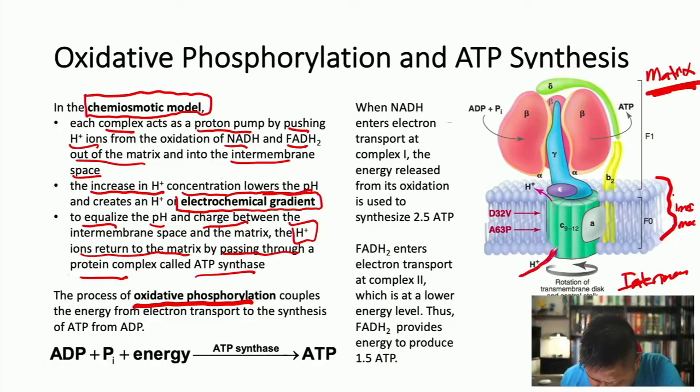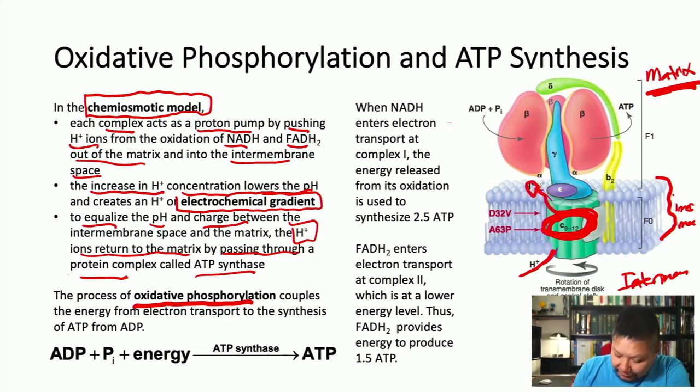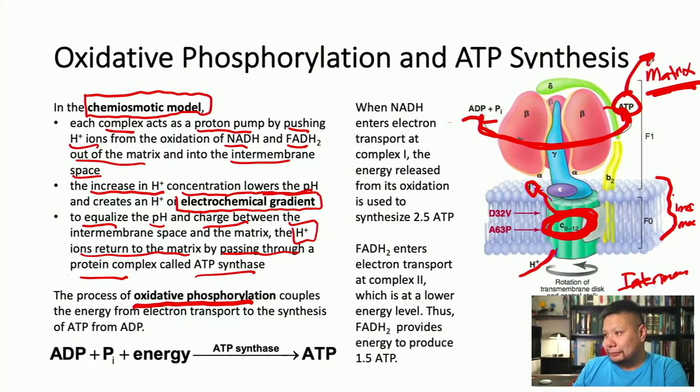And as it does that, it rotates this turbine, right? And as it rotates that turbine and pops a proton back out into the matrix, it also turns this complex here on ATP synthase, right? Which takes in ADPs and inorganic phosphates and pumps back out ATPs, a bunch of them, right?